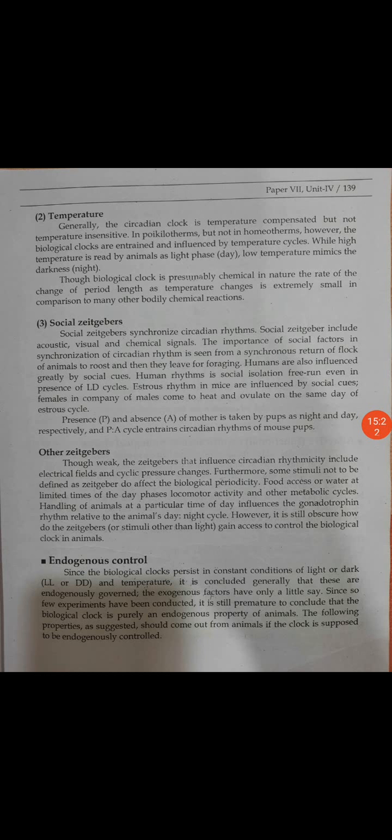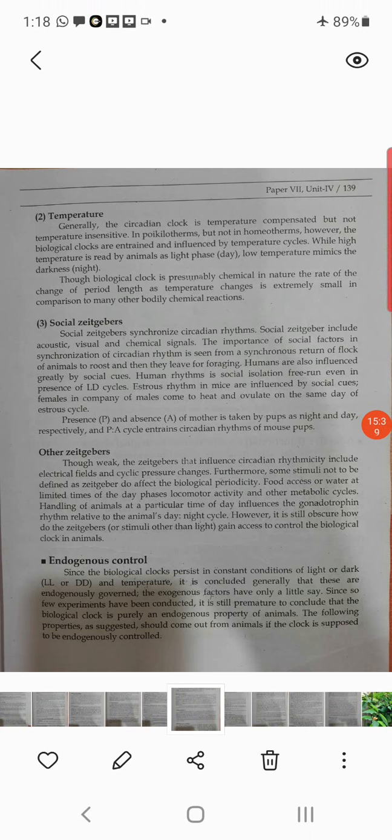For example, domestic chicks hatched in an incubator with constant light and temperature show a circadian activity cycle when they are hatched. So, the summary is that it is a combined effect. It is very difficult to conclude whether biological clocks are governed endogenously or by exogenous factors.